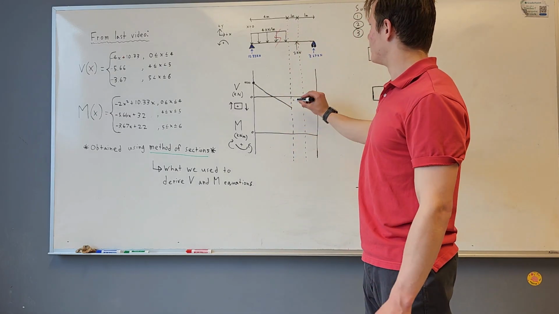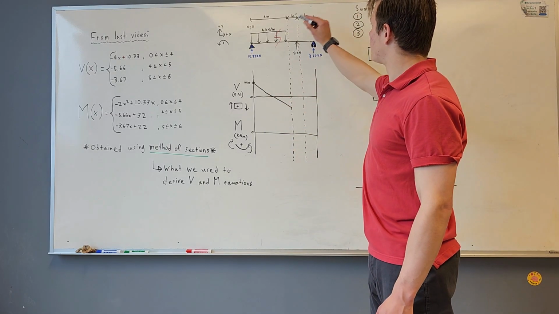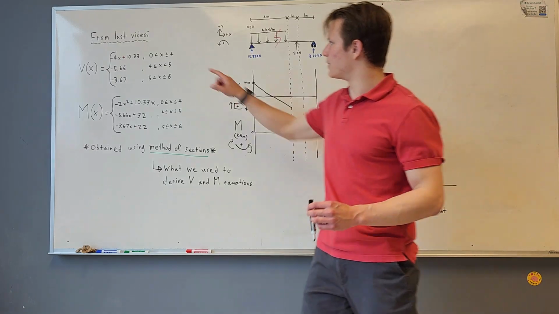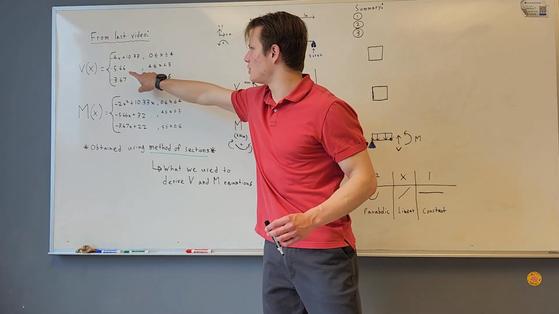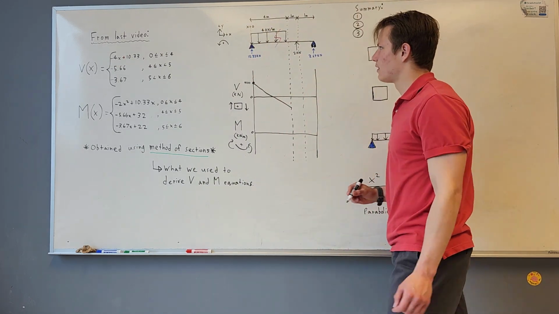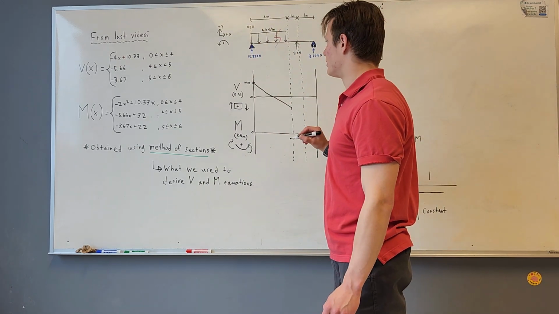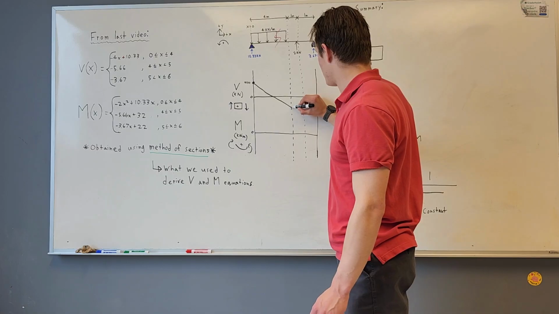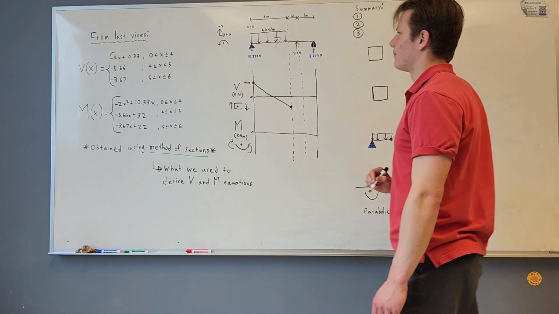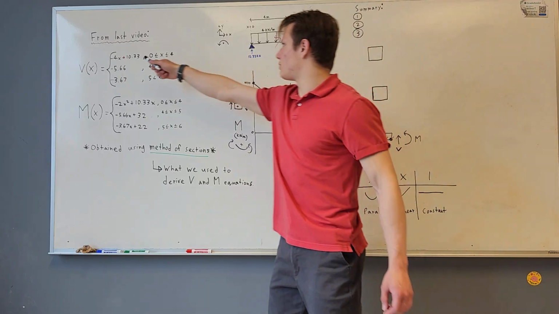So then we get to x equals 4 right here. And then we can see that between 4 and 5, our shear is actually at a constant value of negative 5.66. And so we can check what this value is right here, using the equation that we used here.